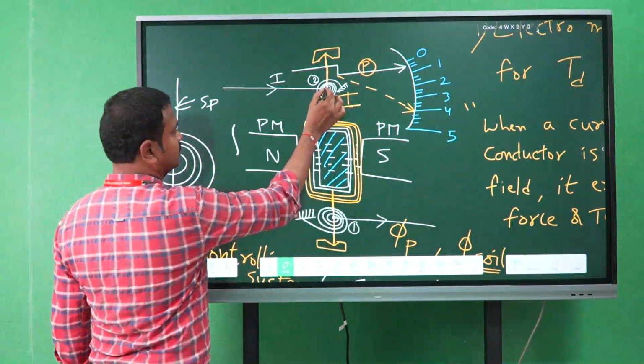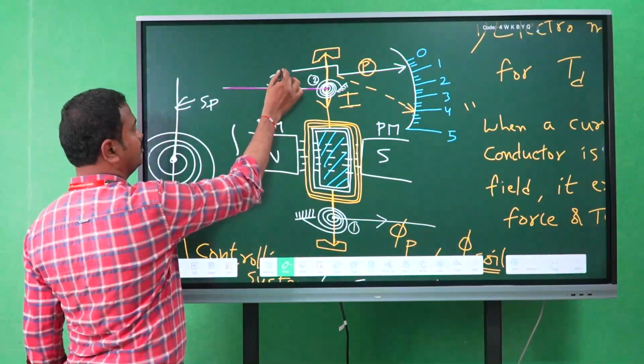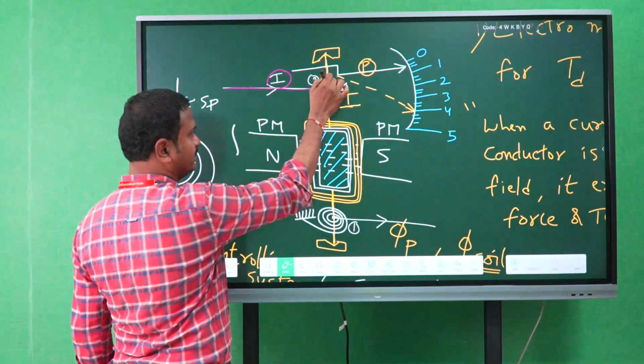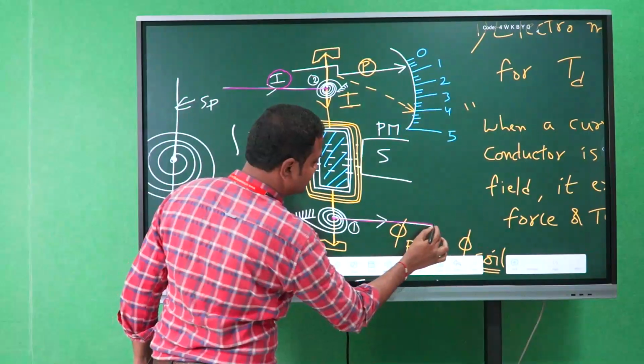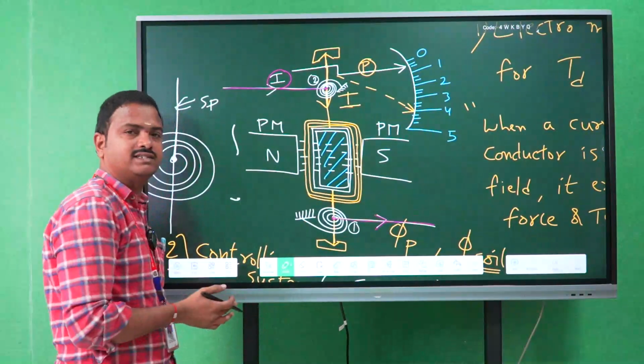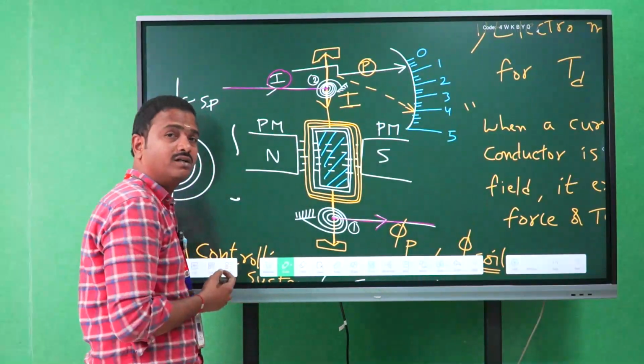The current to be measured enters through the first spring to the coil, and then through the second spring to the load wire. These springs produce the controlling torque.